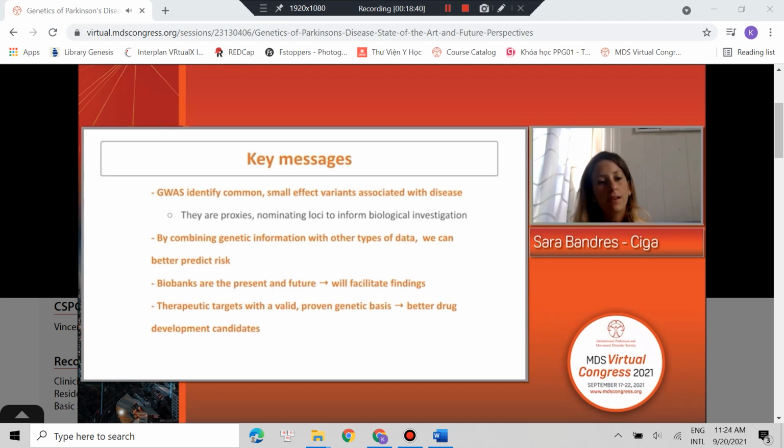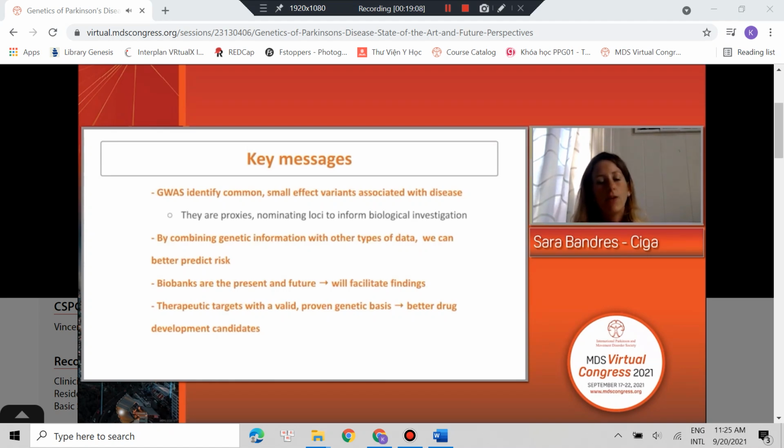And these nominate loci, again, regions of the genome that can certainly inform biological investigation, but are not nominating any causal variant. Then by combining genetic information with other types of data through multimodal analysis, we can certainly better predict risk. And biobanks are the present, but are also the future.